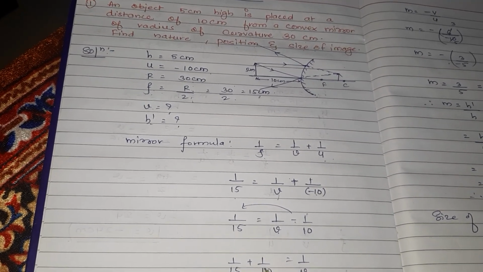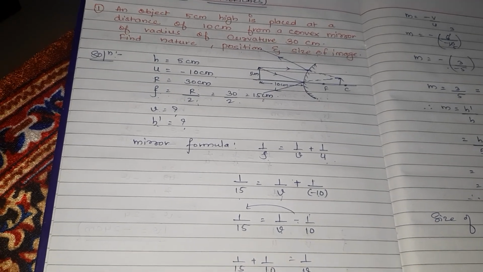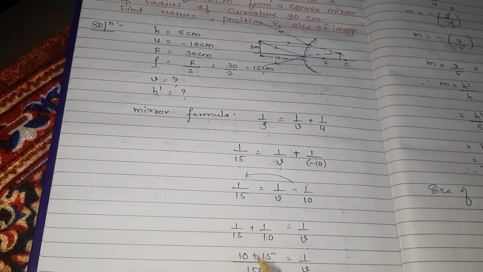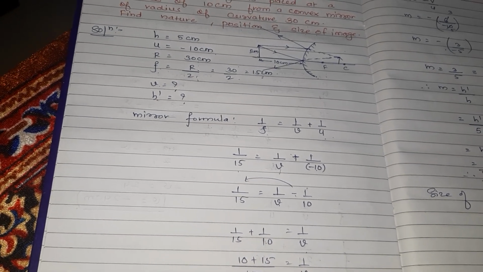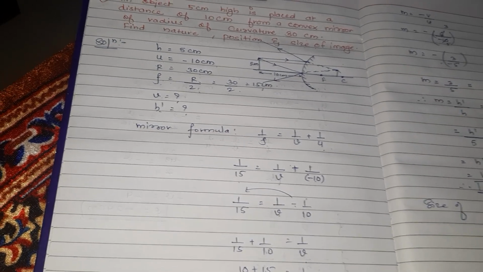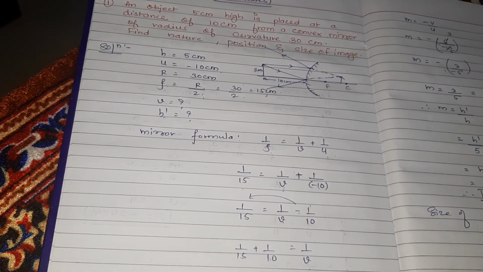Solving this fractional addition, cross multiply: 10 plus 15 upon 150, that is 25 upon 150, so 1 upon 6 is equal to 1 upon v. So v is equal to 6 centimeter, right?